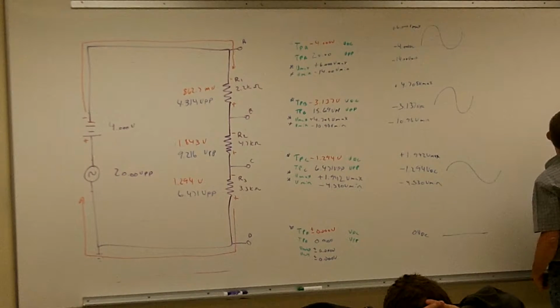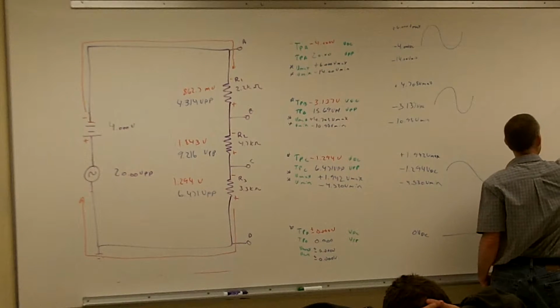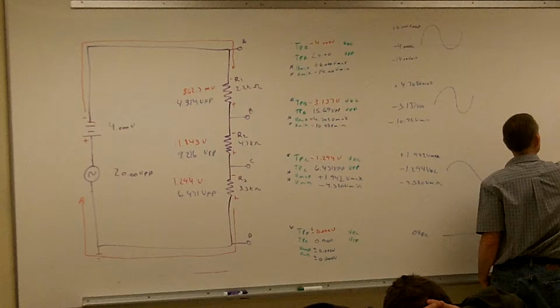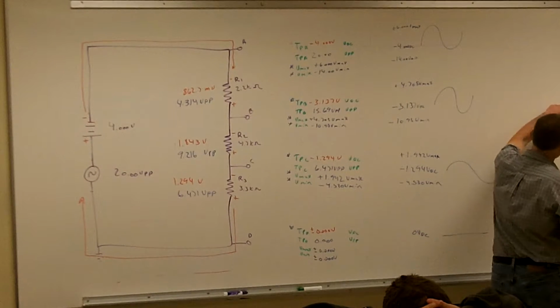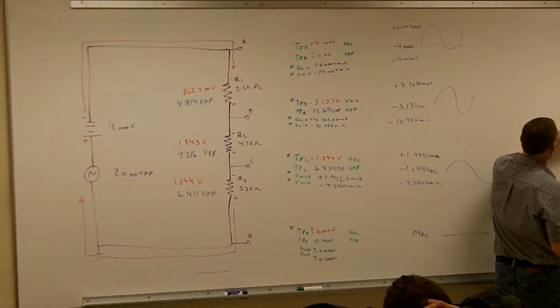So this op amp is inside the MyDAQ. And there's going to be two pins coming out of it. It's going to be an inverting pin and a non-inverting pin.